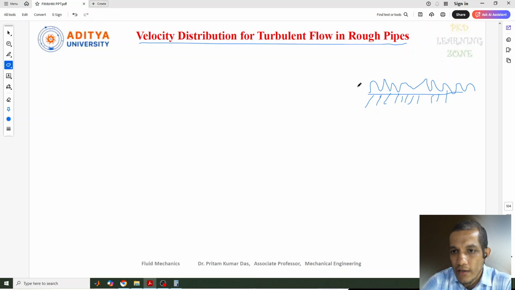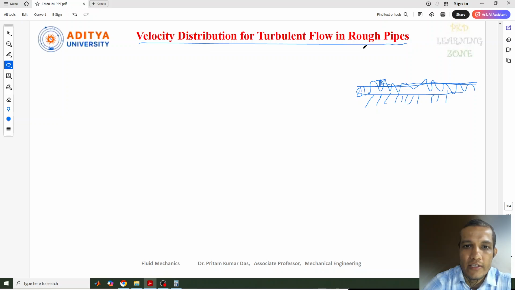So here, if you see, our laminar sublayer is here, but the irregularities in the surface, the height of the irregularity is k, and here it is delta dash. That means k is greater than delta dash. For this condition, we call this a rough pipe.